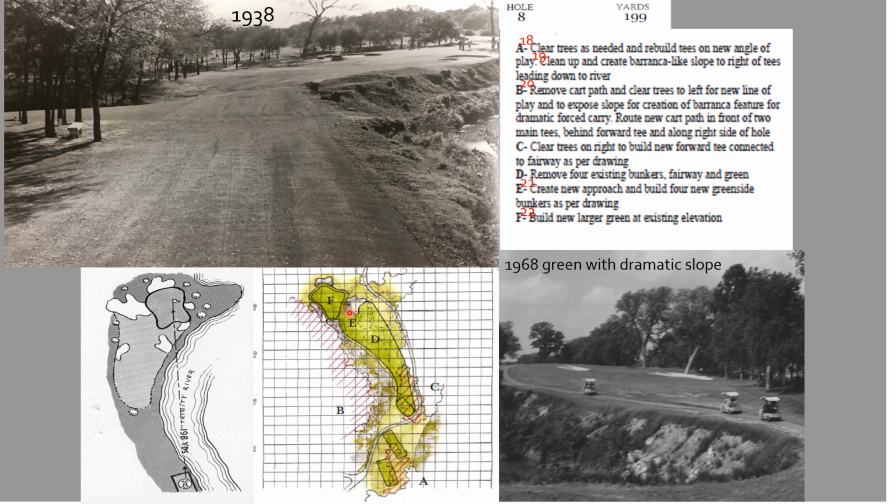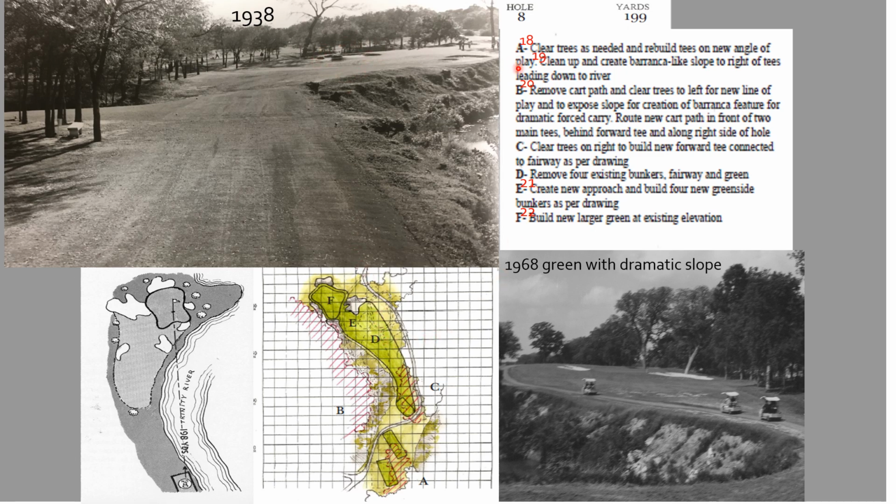So this green is going to go left, and then it's going to be kind of reconfigured much more like the original green. Green shape looks a little bit more like the original. Put in these 2 little bunkers on the left side that are like these 2 bunkers on the right side. You have this big freeform bunker on the right side of the new 8 that is like this big freeform bunker on the left, right here.